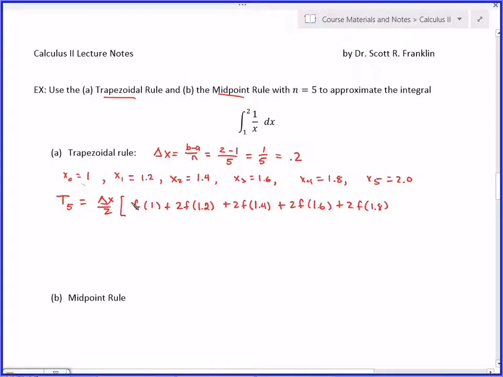Notice it's a 1 in front of the f, then 2, 2, 2, 2, and then the last one is just a 1 coefficient. How far do you know how far to go?